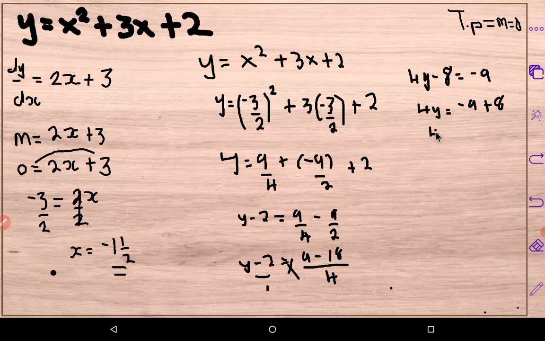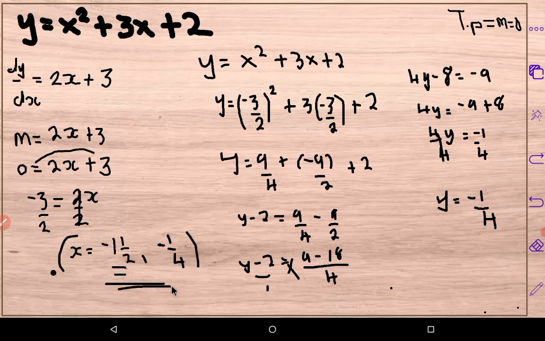Then that will be 4y is equal to negative 1, over 4 over 4. So this gives us y is equal to negative 1 over 4. So this is the other coordinate. It's a bit tricky, but it's possible to find.